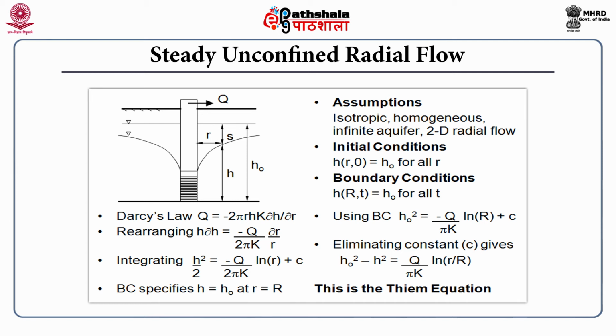So, H naught square minus H square equals Q upon pi K into ln R upon small r.